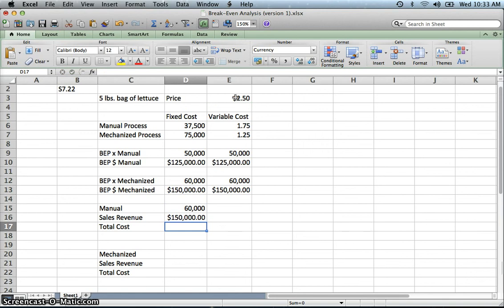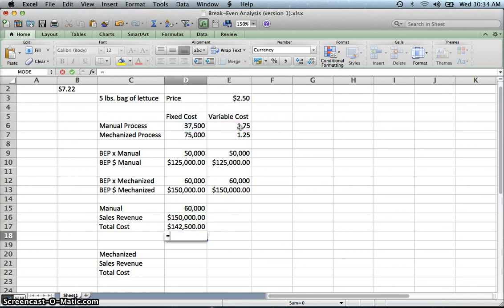Our total cost is, of course, the fixed cost, that is not contingent upon any quantity, and we're going to add to that the variable cost. The variable cost is contingent upon how many we sell. So if we don't sell any, our variable cost is nothing, but we still have the fixed cost. So we need to times this 60,000 times our variable cost, and that would give us our total cost.